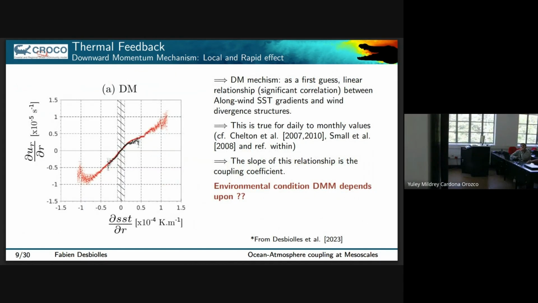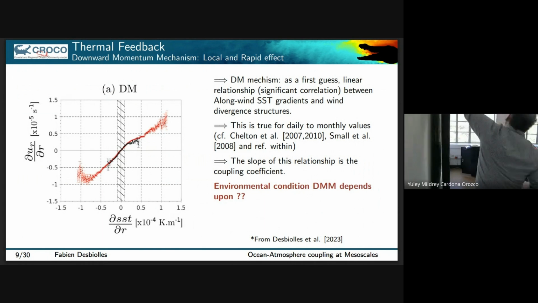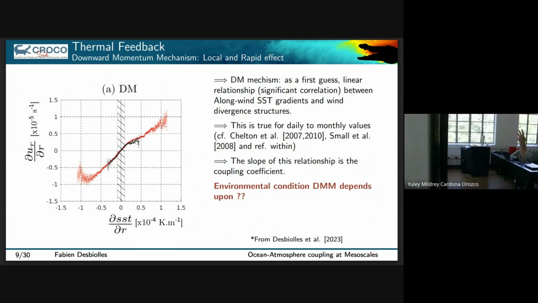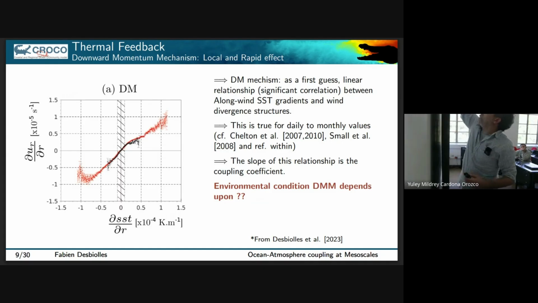So this is exactly what we do. We related the SST gradient with wind divergence, okay? And actually, if we plot that everywhere on the global ocean, we have this plot, which means that we can relate the SST gradient to wind divergence at the surface, okay?